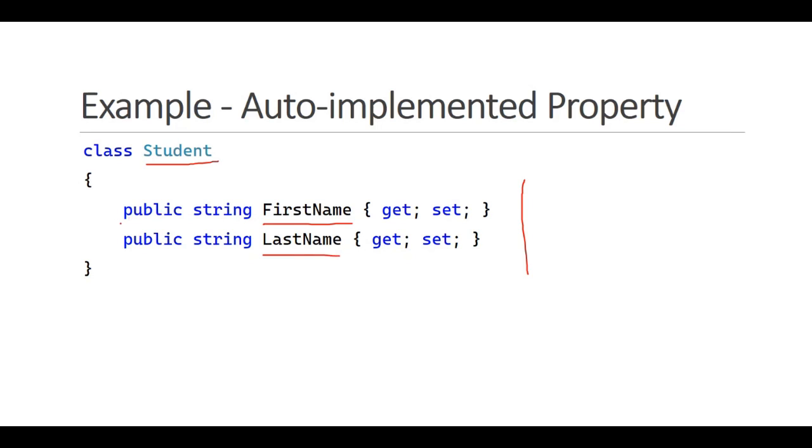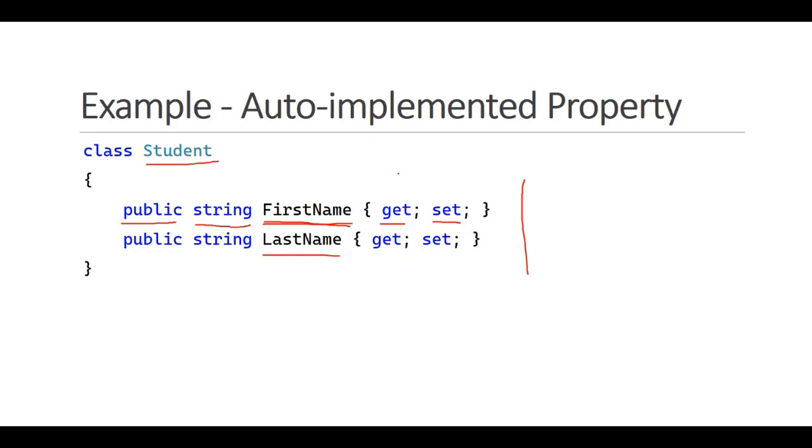We declare it with the access modifier public, then the type of the property, and FirstName is the name of the property, and then get and set. Set is for setting data to this property, and get is for reading the given value.